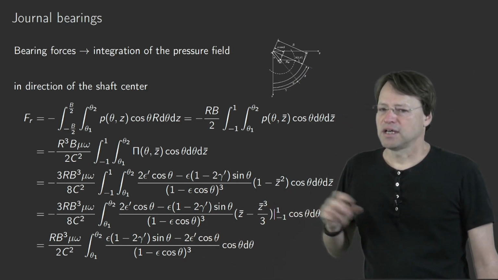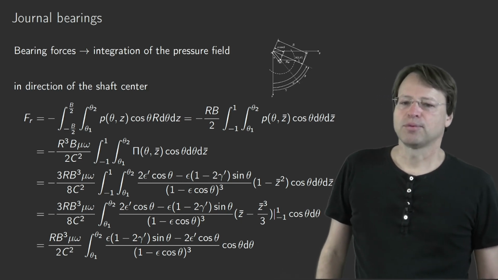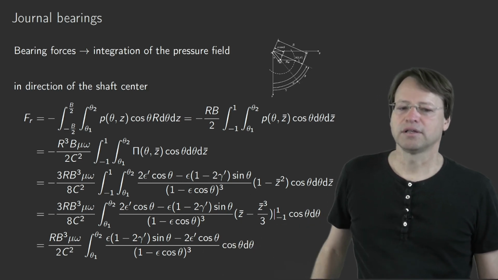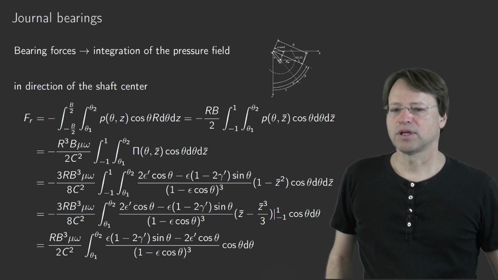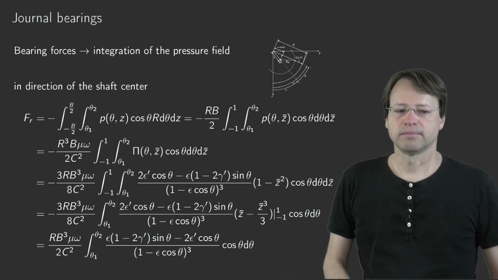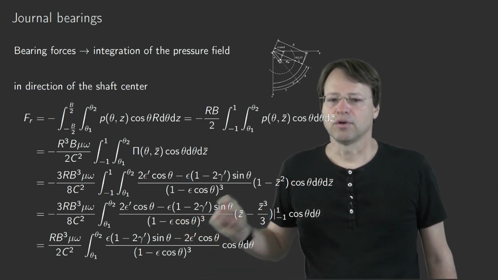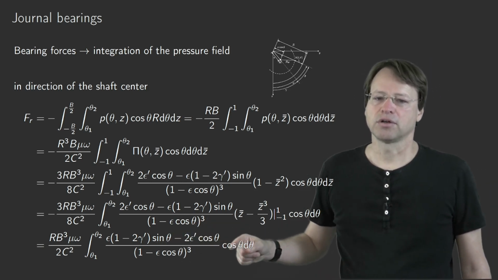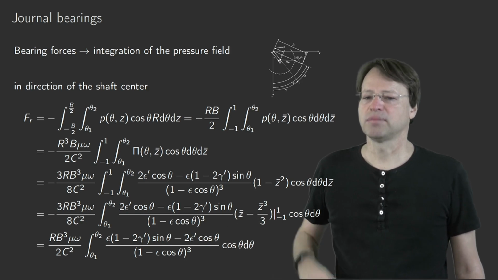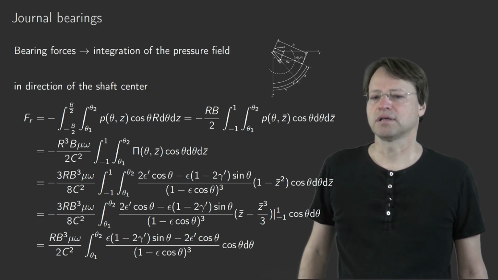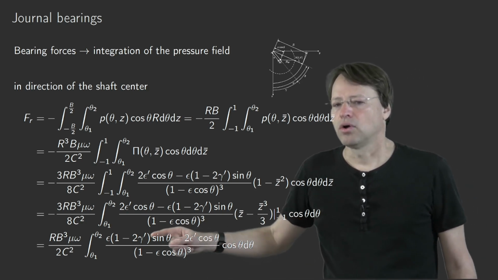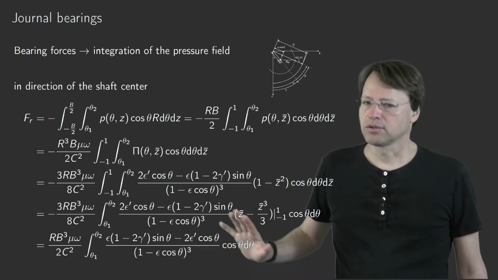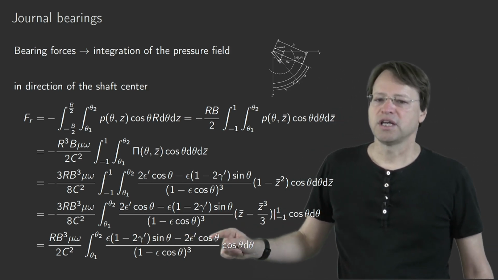So this will be the task, to integrate that quantity now between theta 1 and theta 2. And what we can see is that the integral we obtain here is a sine theta function, a cosine theta function, and then we divide by 1 minus epsilon cosine theta cubed. All the others are just constants. They have nothing to do with the integration. Same for the second term.